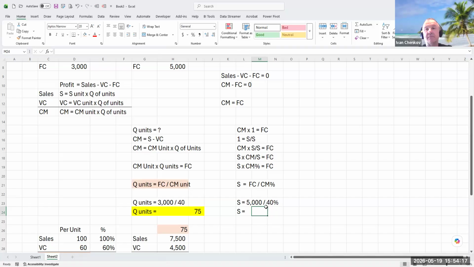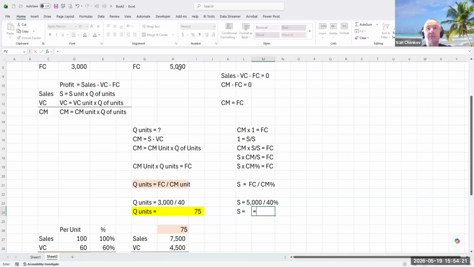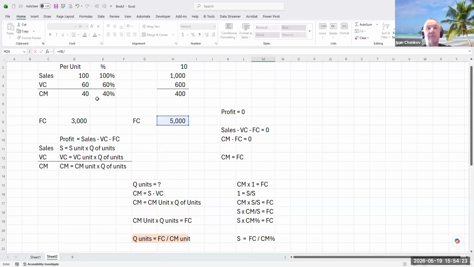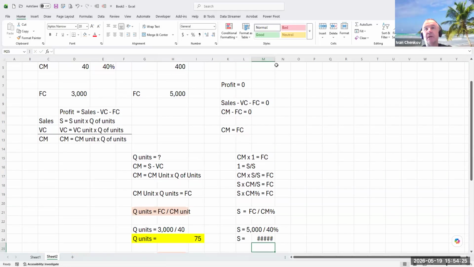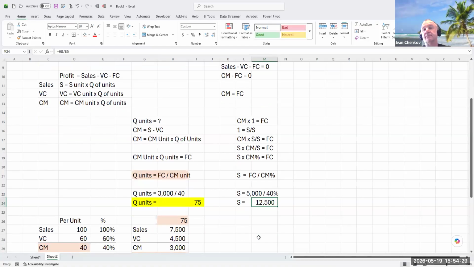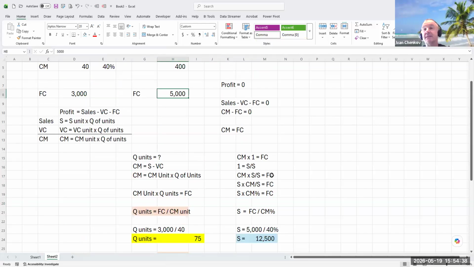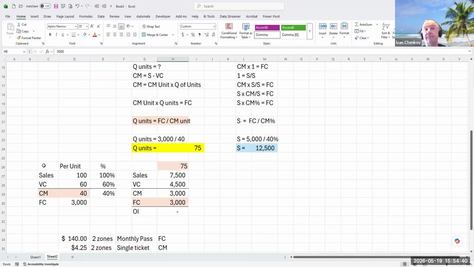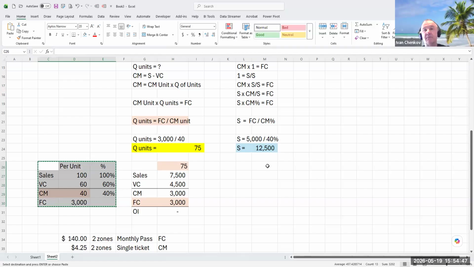In this case, it will be equal to 5,000 divided by 40%. My sales should be equal to $12,500. If my sales are $12,500, that means I would be able to cover my fixed costs, which are $5,000. Let's see if that's going to work. So I'm going to grab this part again, and I'm going to work with this part, but right here.